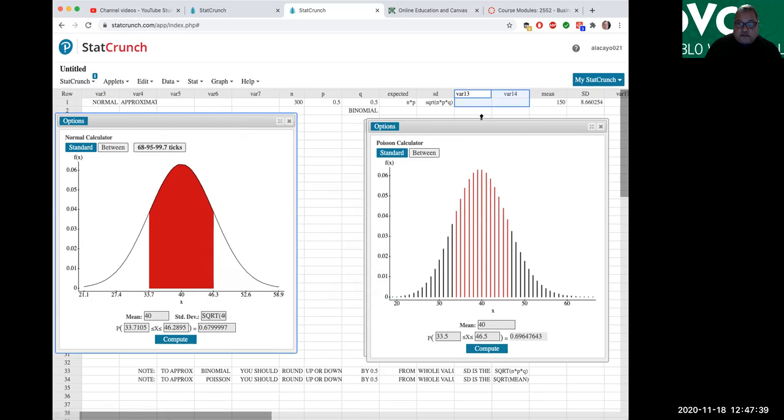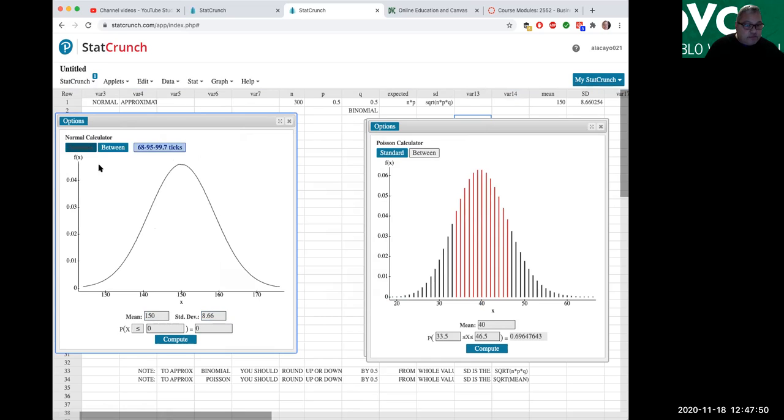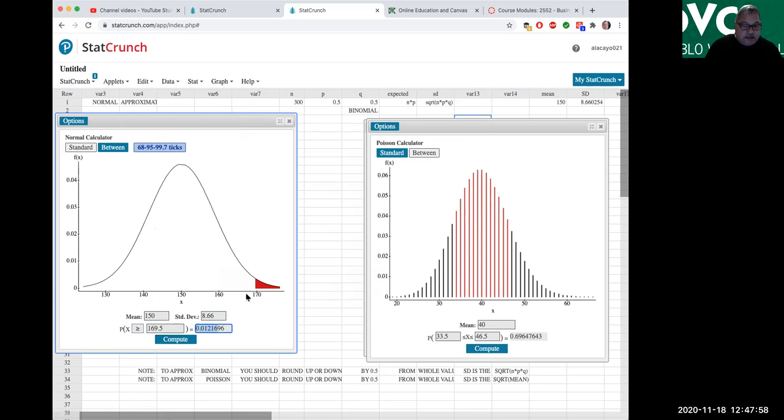The two calculations are 150 and 8.66. And I'm going to go to the standard calculator and look beyond 169.5, which is how I approximate 170. And I get that the chance that this coin is a fair coin when you see it land heads 170 or more times is only 1.22%.